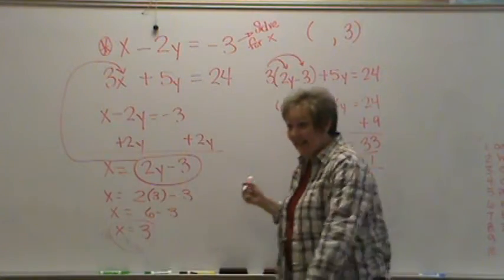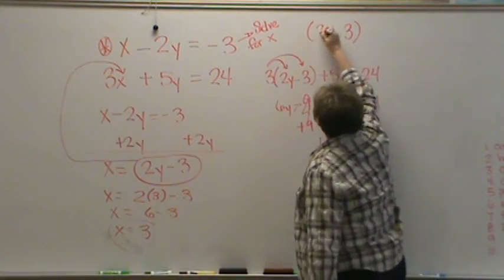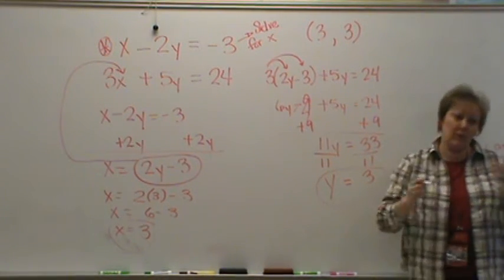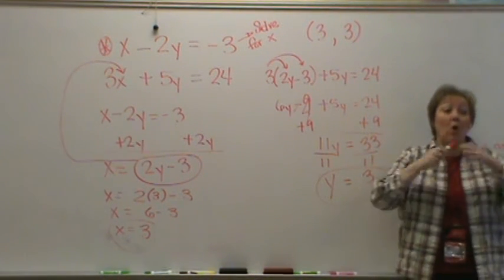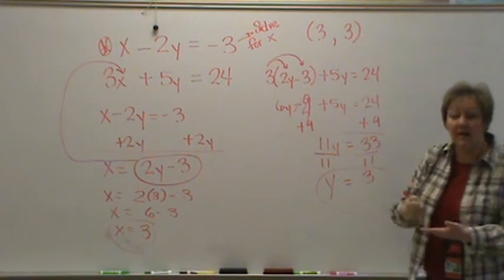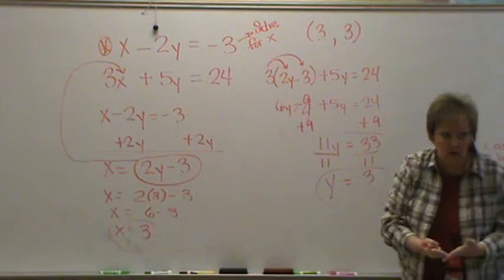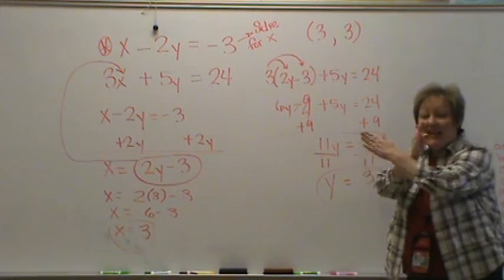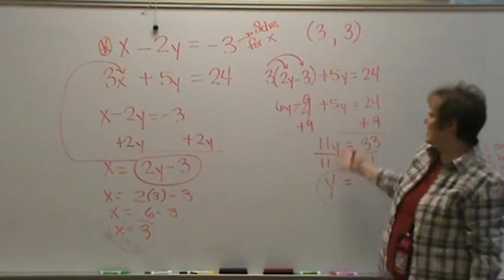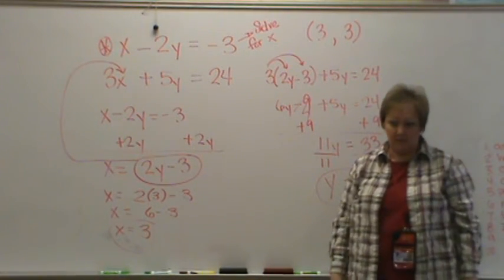Ding, ding, ding. Oh my goodness. So it would be 3 equals 3. Our ordered pair is 3, 3. And what does that ordered pair mean? That's where they cross. That's the intersection of the lines. That is the solution for the system of equations.